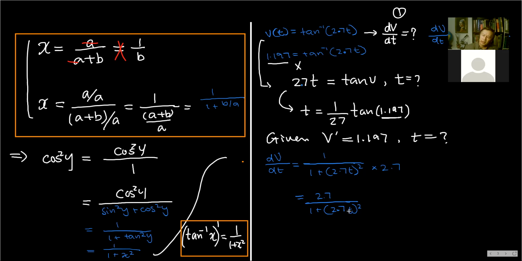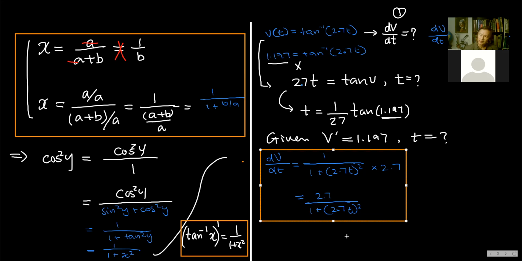You have to solve. You have to find the formula for t in terms of the first derivative first. From here you can do that. This is so far so good, but what is the formula for t?